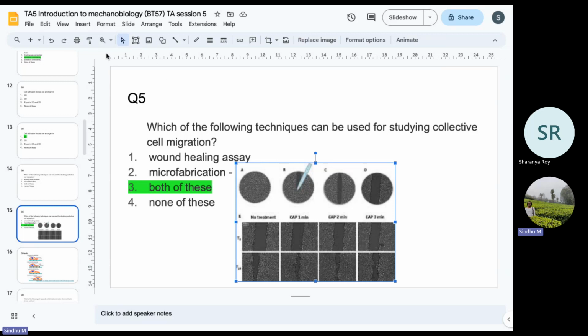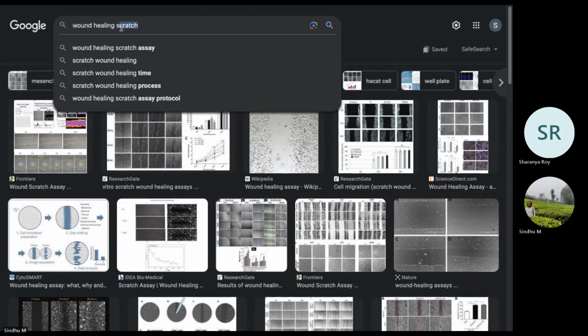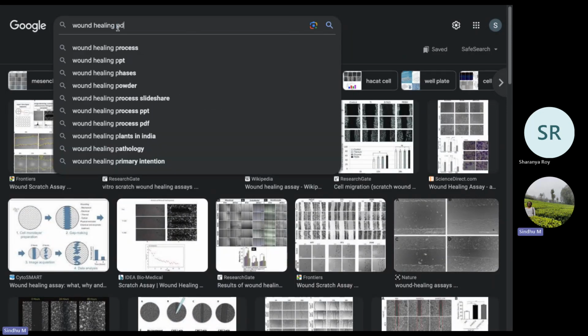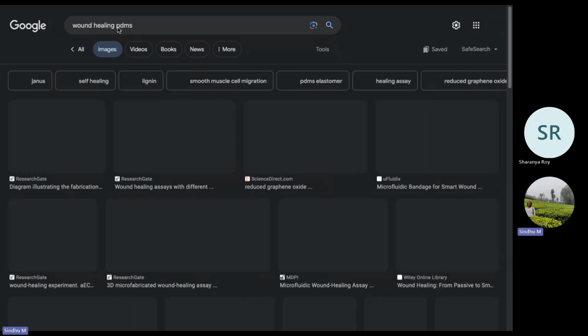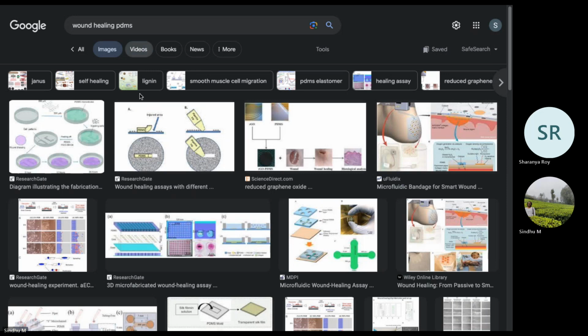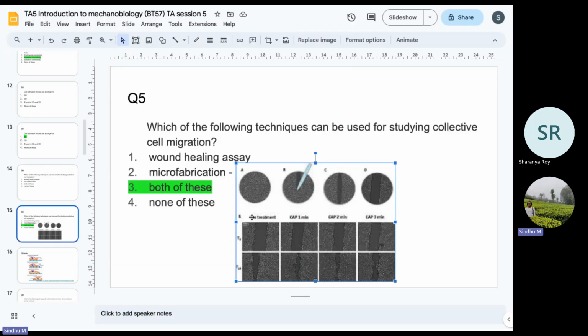And the second method is using PDMS. PDMS is something like plastic, basically. You can make different shapes and sizes of PDMS. Before seeding the cells, so here they have seeded the cells everywhere in the glass bottom dish.